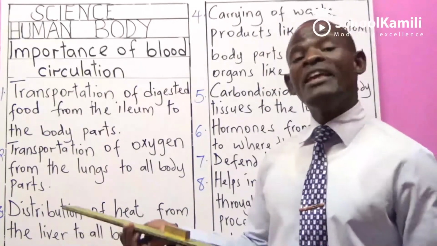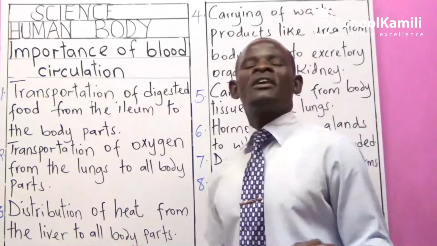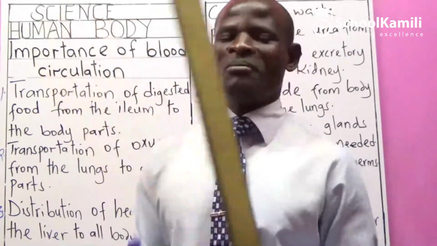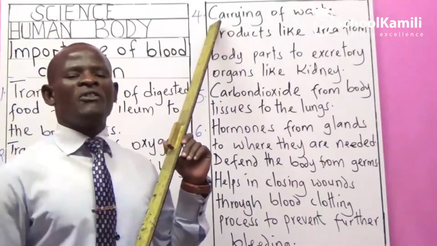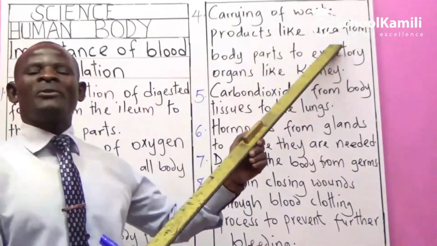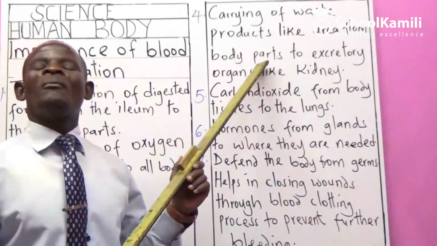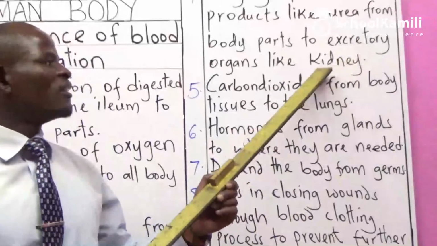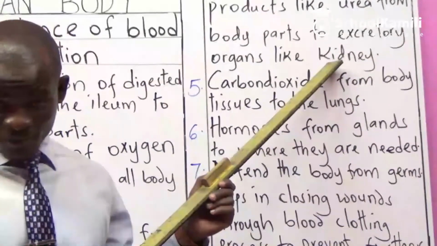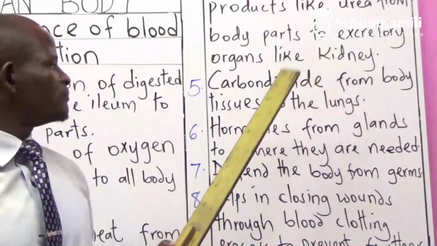Distribution of heat evenly from the liver to all body parts to make sure we have constant body temperature. Carrying of waste products like urea from the body parts to the excretory organs like the kidney. I talked about it. It purifies blood.